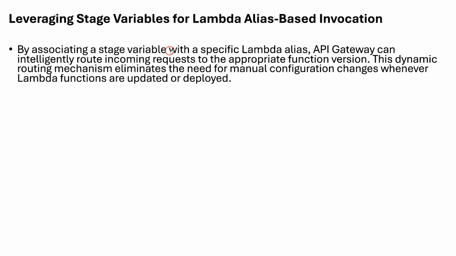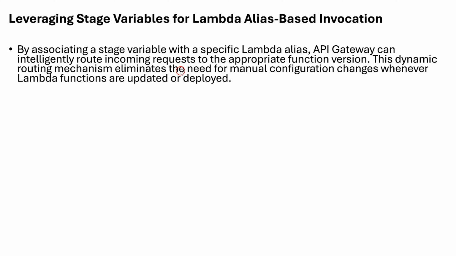The stage variable is a configurable parameter, so for each stage you can change it. For example, for dev, you specify the dev Lambda alias, and API Gateway will route all requests to the appropriate dev function version. That may be version latest, or in case of prod, version v1, and in case of testing, version v2.